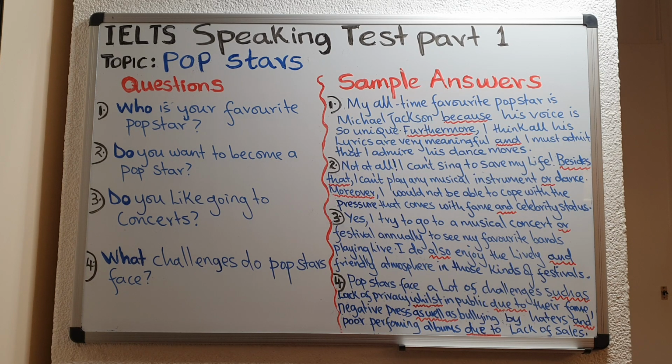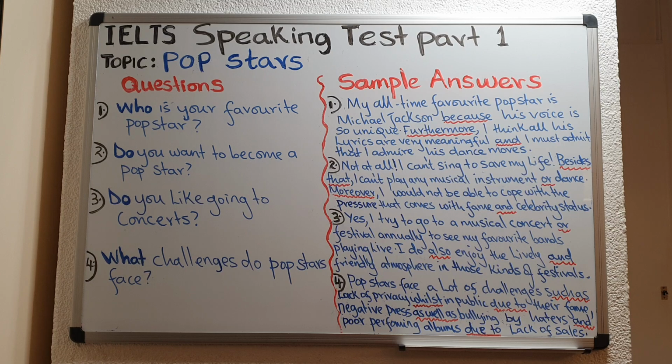And then when you look at sample answer 3, yes, I try to go to a musical concert or festival to see my favorite bands playing live. That is a compound sentence. And then I do also enjoy the lively and friendly atmosphere in those kinds of festivals. That is also a compound sentence.